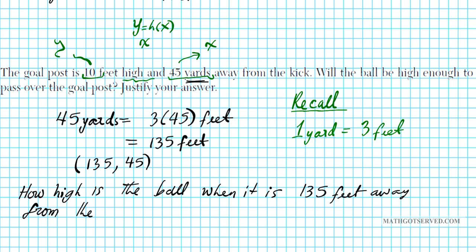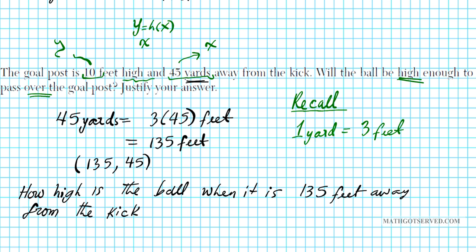Okay, before we do the calculation with our calculator, let's see if we understand what's going on. The problem says, will the ball be high enough to pass over? So if the height of the ball when it's 135 feet away is higher than 10 feet, then you're good to go. If it's less, then it's no good.